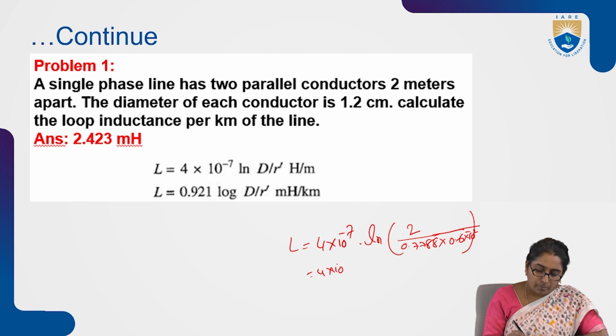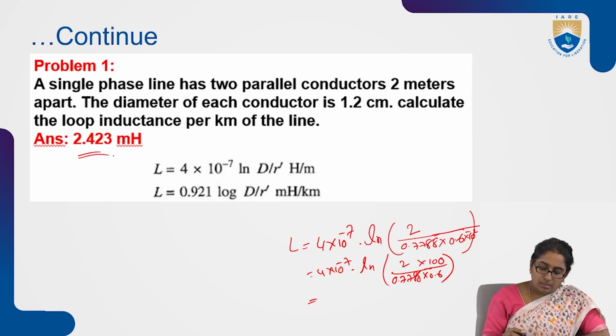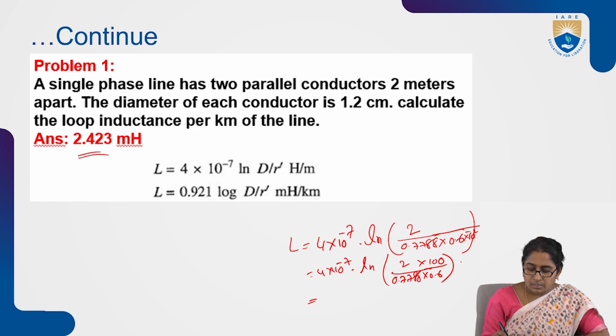4 into 10 power minus 7 log 2. Take this 10 power minus 2 up, so it will become 2 into 100. So finally, the answer is given as you can see here, in Henries per meter.